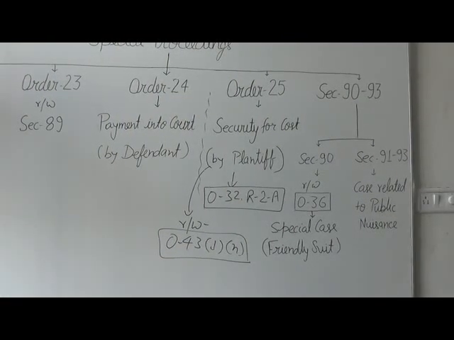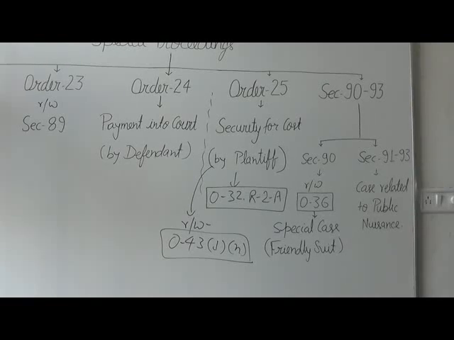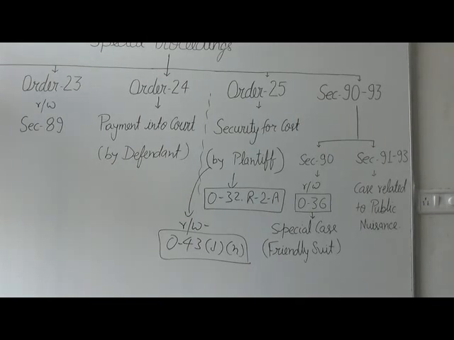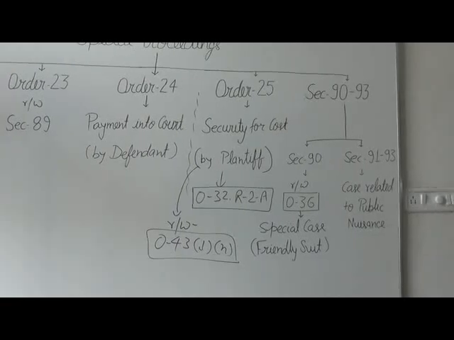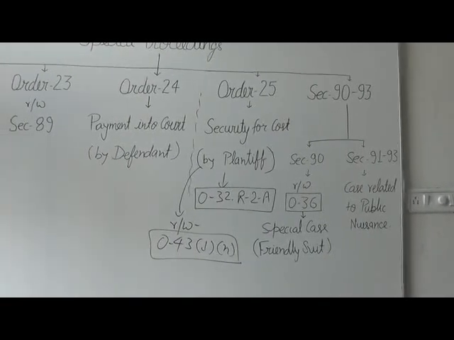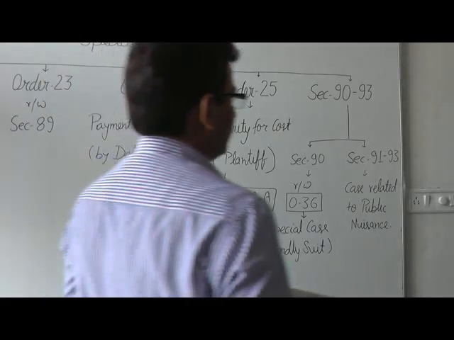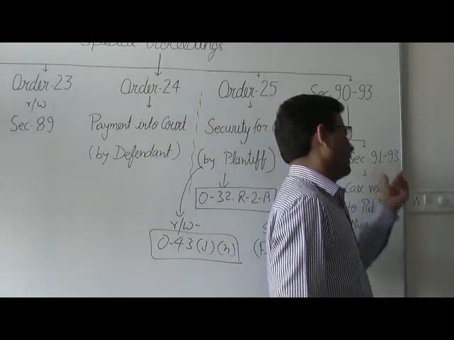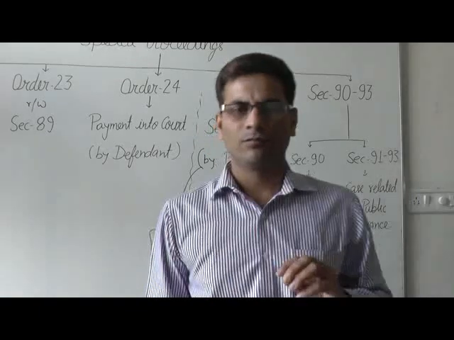Okay, now come to the provisions of sections 91 and 93. Here much more is not to be discussed, but these two sections are important for pre-examination and for interview only.